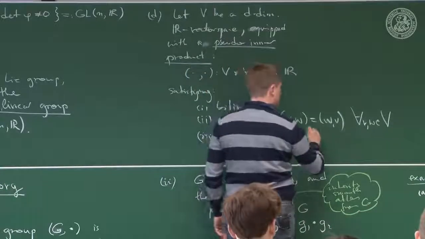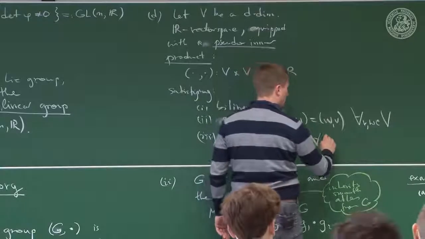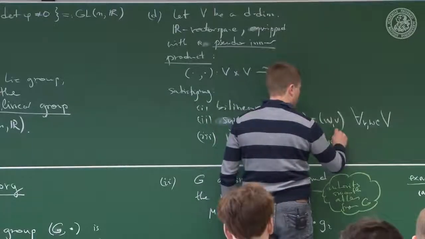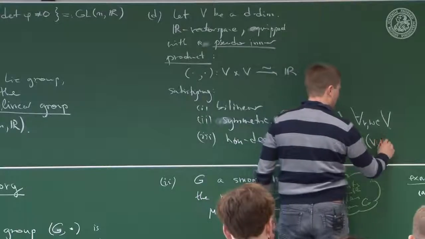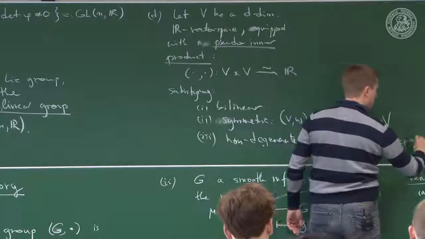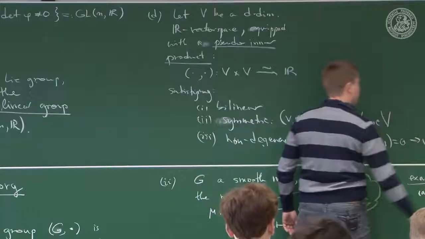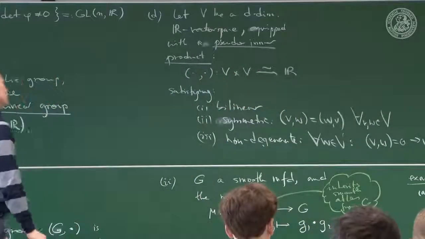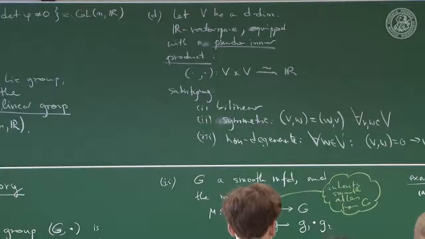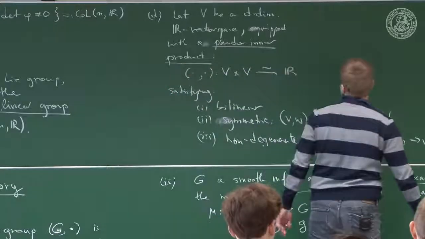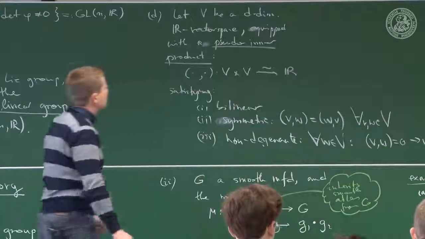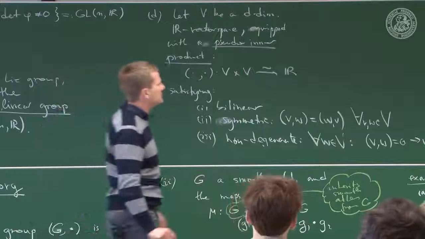And non-degenerate means that if for all w in V it is true that (v, w) is 0, then it's already true that v must have been 0. That's non-degeneracy.